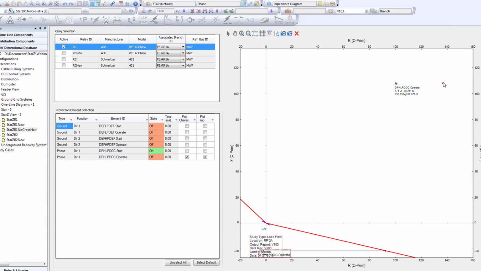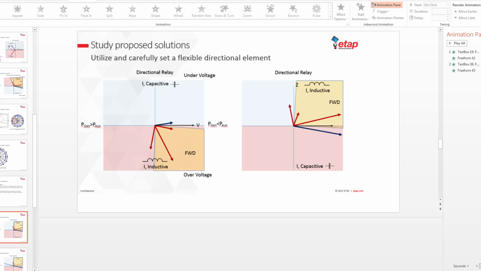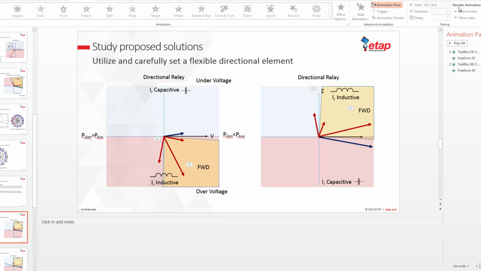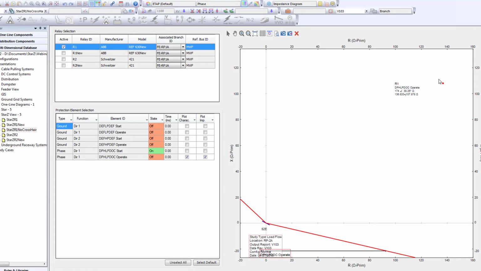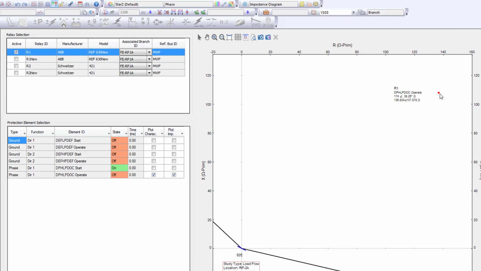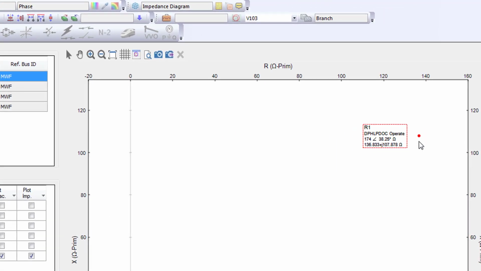At 103%, again, as we go to higher voltages, the WTG behaves like an inductor. So the impedance goes into the first quadrant and, as we increase the reactive power, it gets close to the y-axis. So the relay does not operate. The circle here means that it's not tripping.